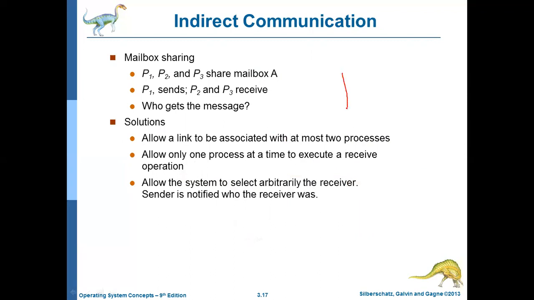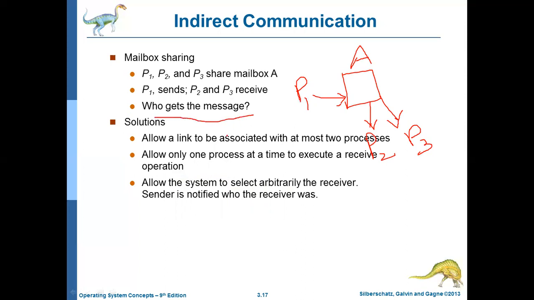So we have a mailbox A, P1 is sending, and who is receiving? Both P2 and P3, on the receiver end. So the issue here is: who will get the message?